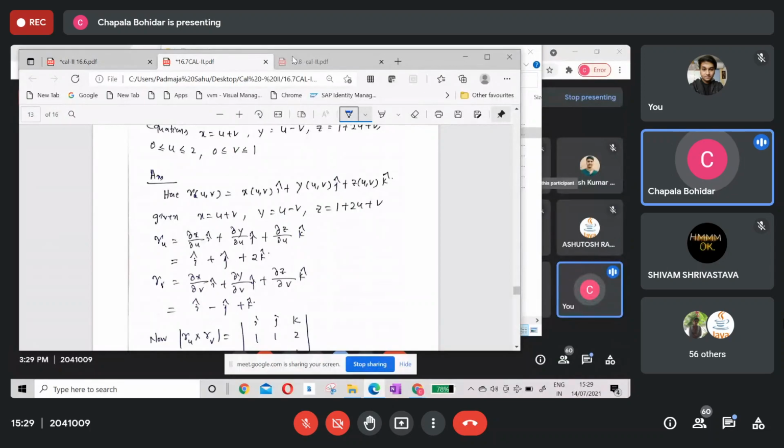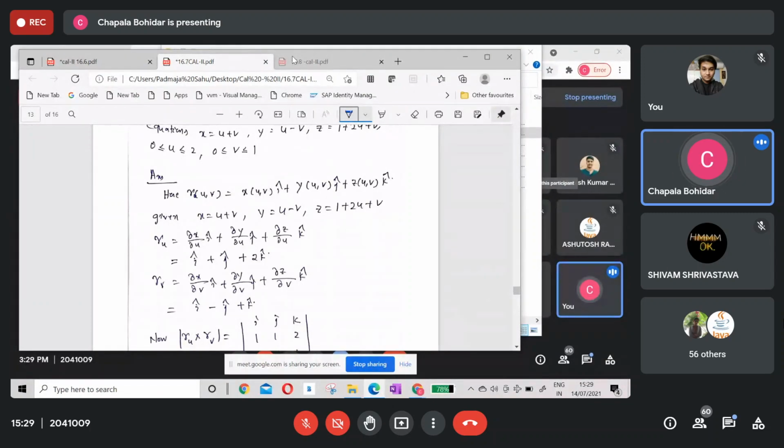So r_u is equal to del x by del u i cap, del y by del u j cap, del z by del u k cap. When differentiating with respect to u, v is kept constant, so it is i cap plus j cap plus 2 k cap.